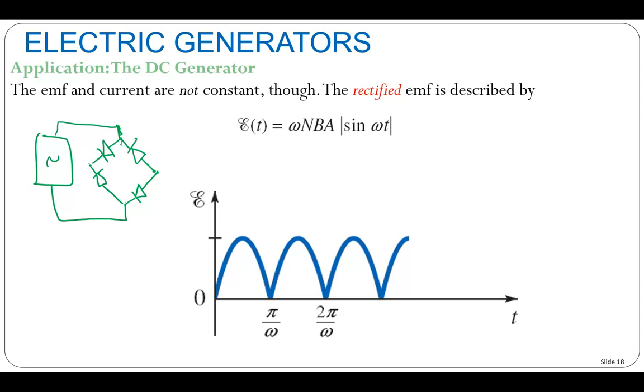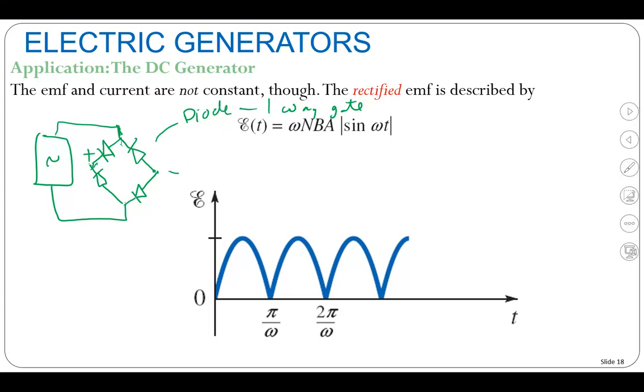That's the symbol for a diode, and it's a one-way gate. It will allow current to flow in the direction of the arrow, but not the other direction. With this design, called the diode bridge, you're always going to have this side positive and this side negative. And so that makes it rectified if I use my outputs there.